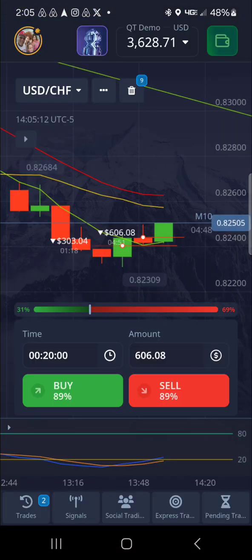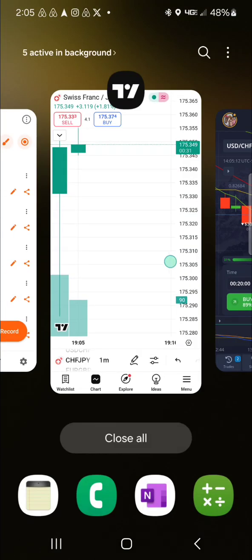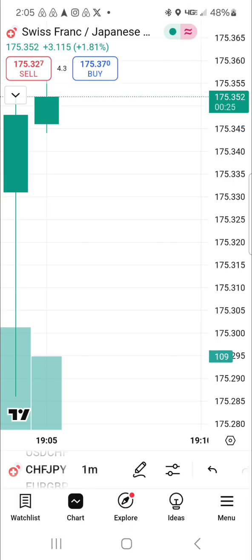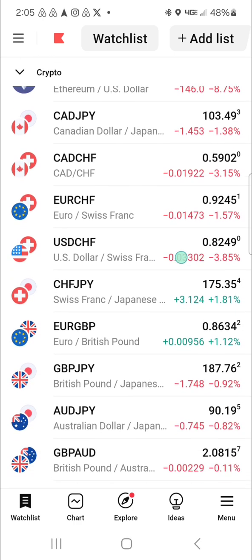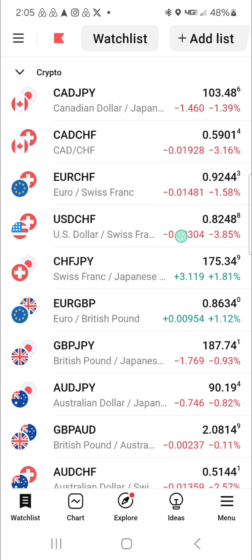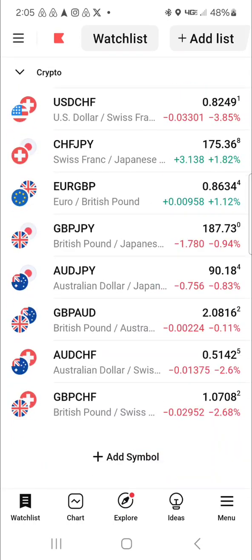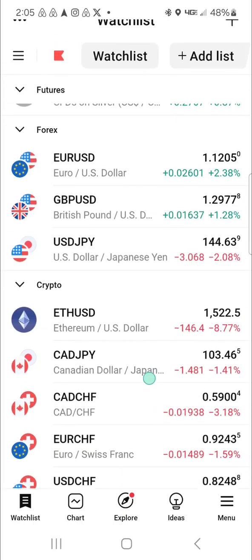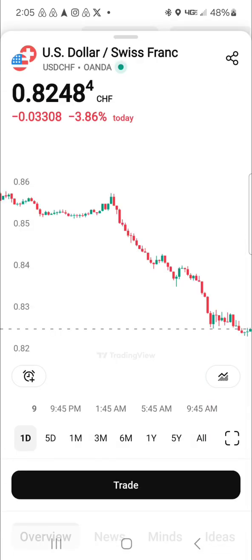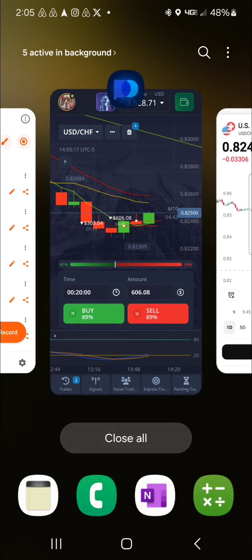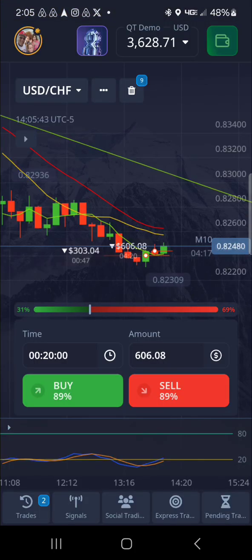Is it CHF JPY? No, it's USD CHF. I don't know why it's here. Bear with me, multitasking. USD CHF. Alright, so it's 8248. 8248. 8247. So yeah, they're around the same.